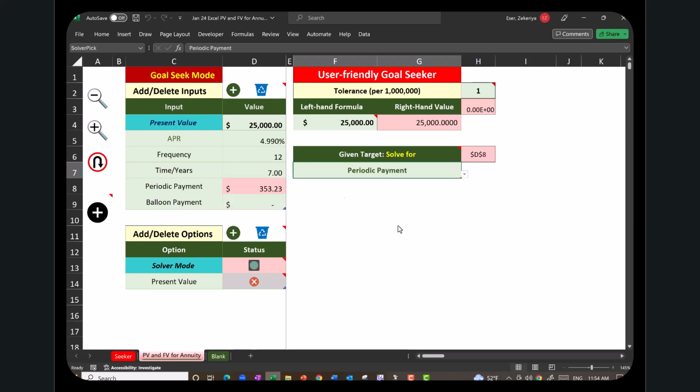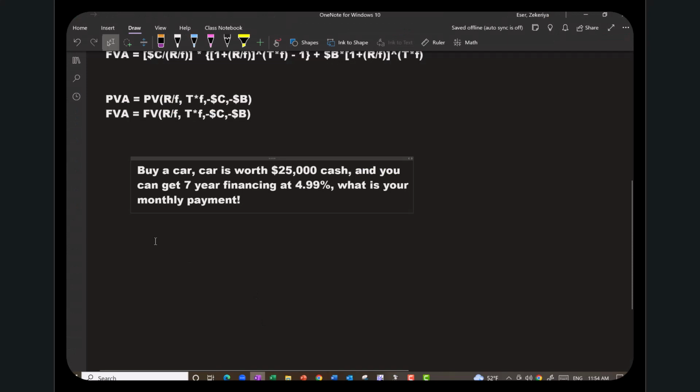So given my target, that's the present value, what is the value of the unknown variable that makes the left-hand side of the formula equal to the target value? That's another way of saying solve the following equation.